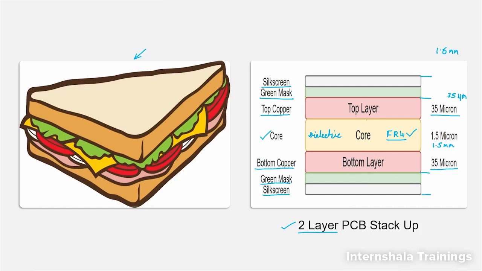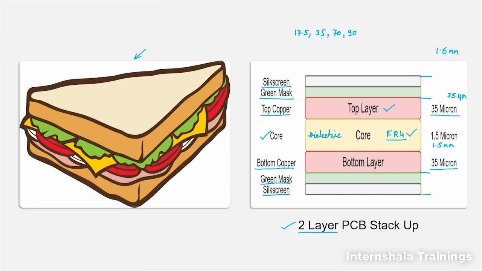But depending on the application, we can go for different thicknesses of copper layers. Copper layers are available in different thicknesses like 17.5 micron, 35 micron, 70 micron and 90 micron.